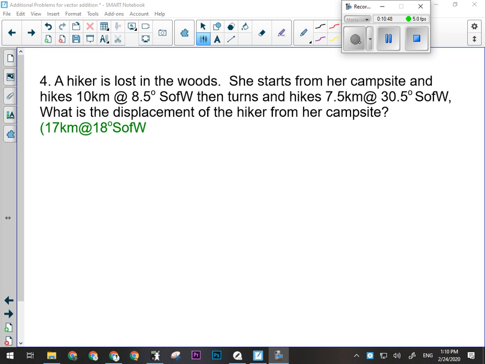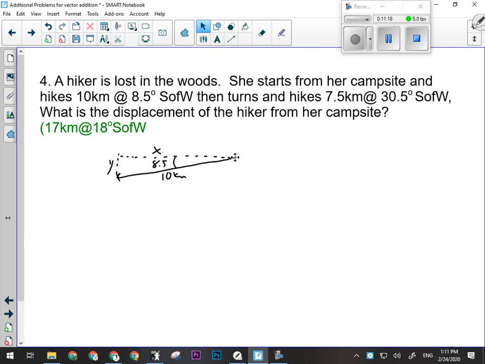Having a look at this first one here. We've got 10 kilometers at 8.5 degrees south of west, and then one that's also south of west, which is nice because then we know everything. We don't have to subtract anything. Everything's going the same way. So we have a vector that's west, and we go 8.5 degrees south of that, so that's a pretty narrow triangle. This will be the y component, this will be the x component, with 8.5 degrees and 10 kilometers.